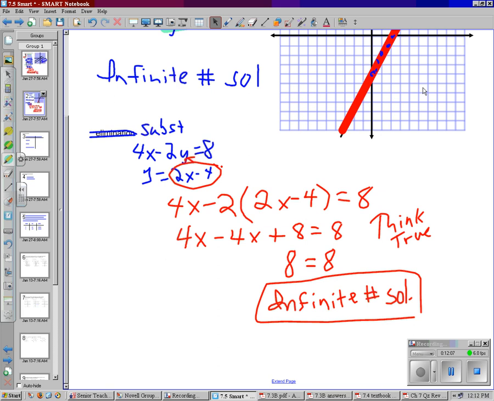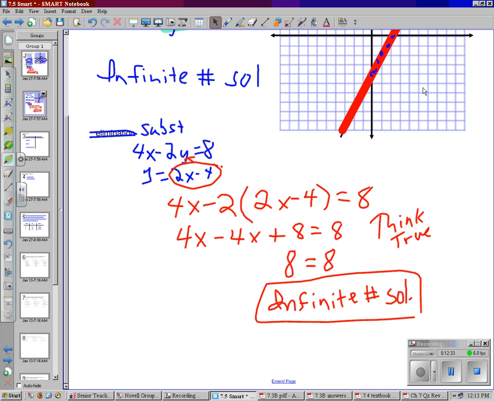Angela. Would we have to do both of those, or can we just choose one? You have to know what's happening depending on what you're working on. If you're graphing and this happens, you have to know it's an infinite number. If you're doing a substitution problem and it happens that all the variables drop out, you have to know I'm looking at a true or a false statement.